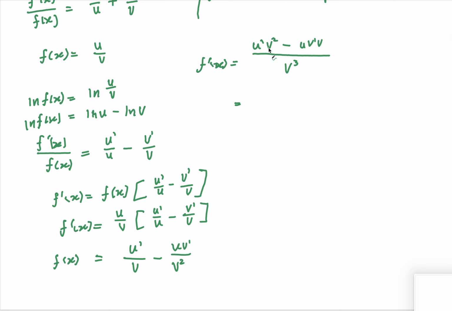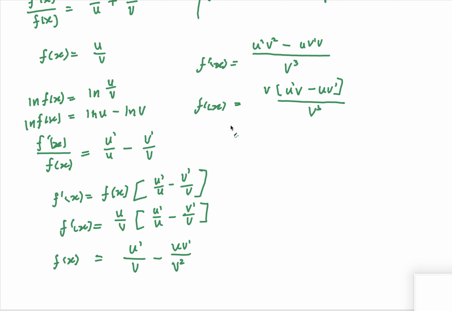And now you can take v out, so you have v open bracket u prime v minus u v prime, and this is divided by v cubed, and this is still f prime of x.